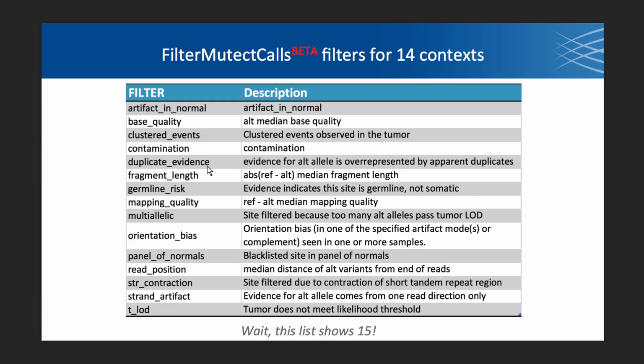In general, just to get a feeling for what the hard filters look for, variants that only occur near the ends of reads are highly suspect. They usually indicate mapping error. Low MapQ reads that support a variant indicate mapping error. Short tandem repeats that are contracted or expanded indicate errors.